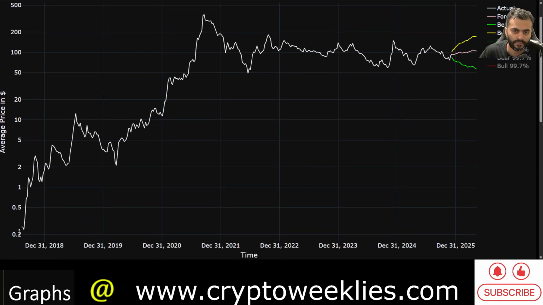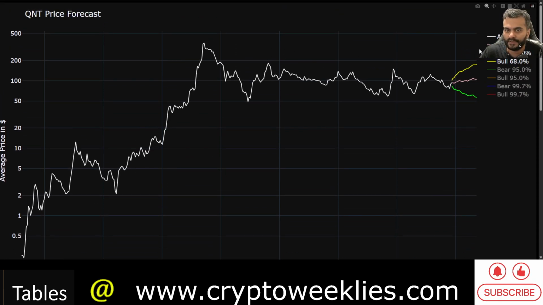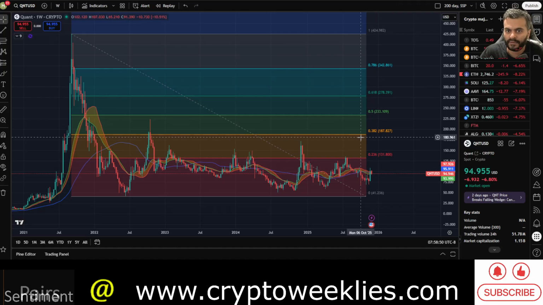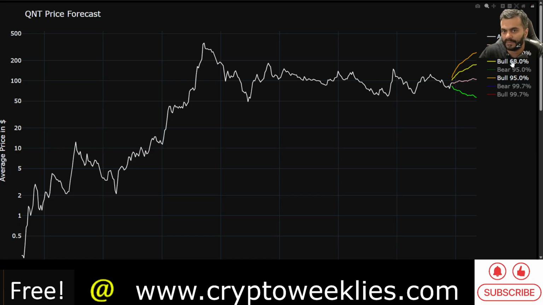This is trend on weekly price action since 2018 and uses seasonal ARIMA based bull case analysis. The 95 percentile or the 2 standard deviation bull case for Quant is at around $150. That's the max permissible level, slightly below the 0.382, with 95% confidence that the price would stay within the bounds of this orange line for this month of December.